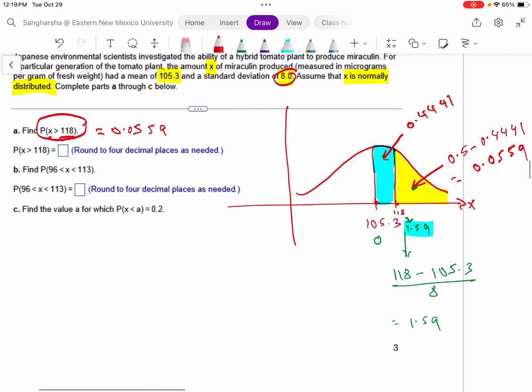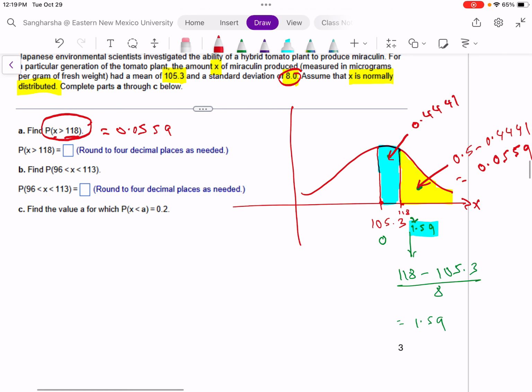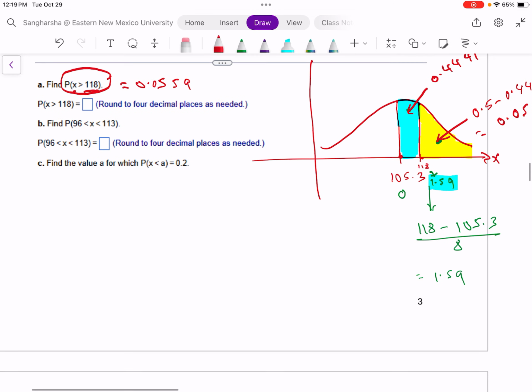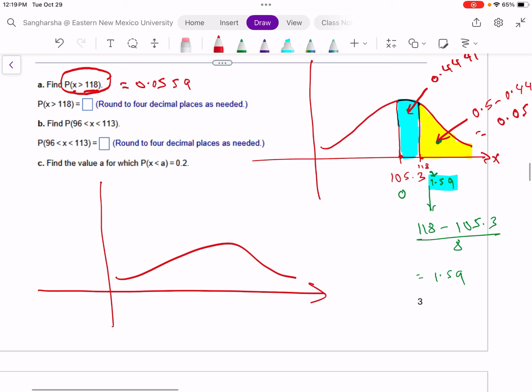Now in a similar way, can you find the probability that x is greater than 96 and less than 113? I'll just give the region and I want you to try. So this is 105.3, 96 is somewhere here, and we have 113 somewhere here.